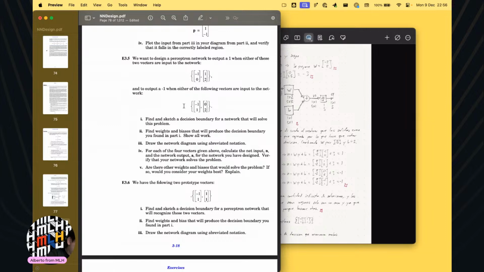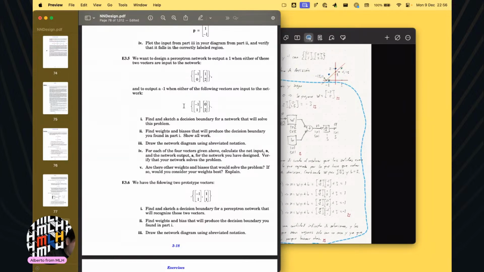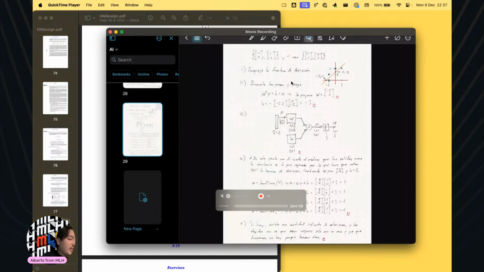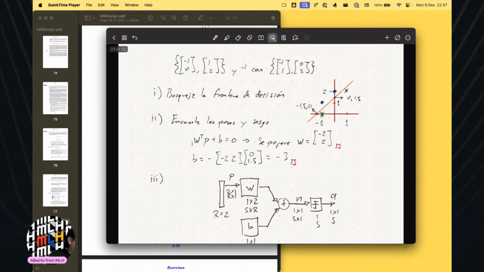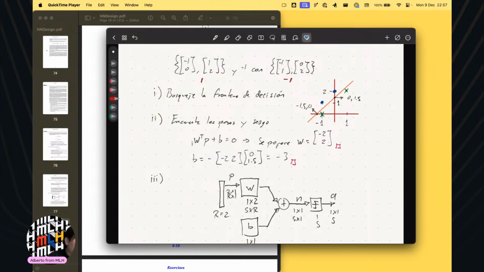Nice. So let's check the discussion here. We have these values for what we wanted for 1, and these others for a -1, right? So these are ones and these are -1s.